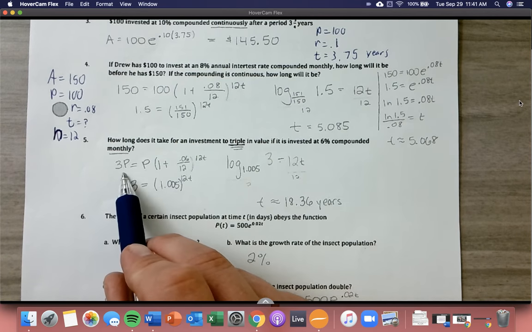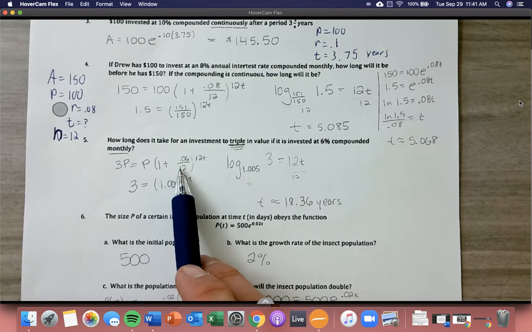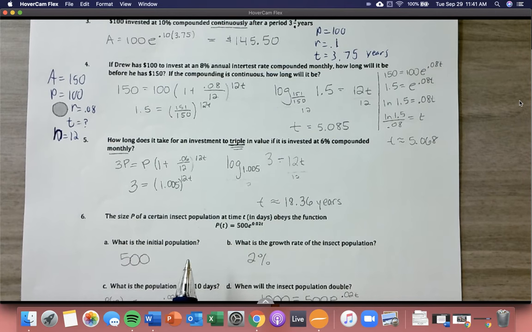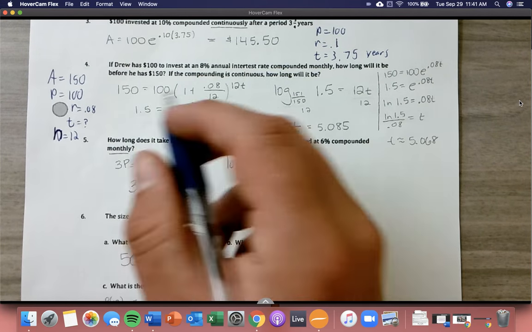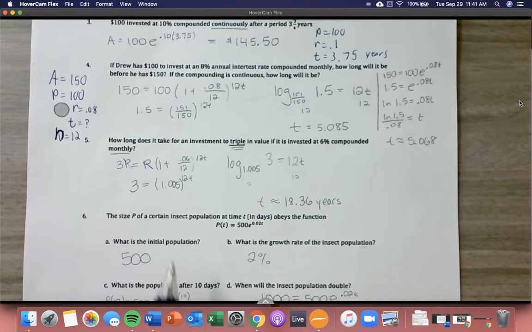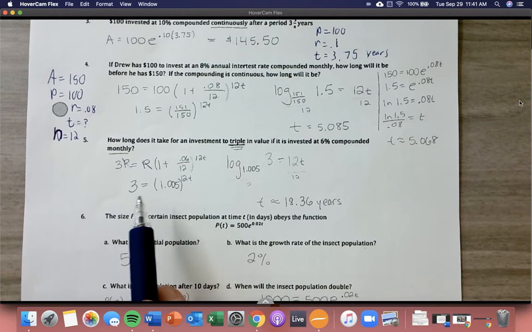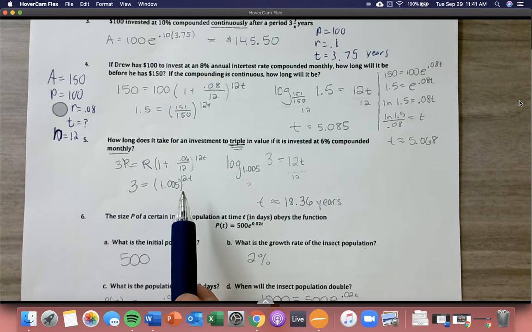So we would go 3P is equal to P times (1 + 0.06/12), all raised to the 12t. These P's would cancel out because we can divide them over. When we simplify inside the parentheses, we get 3 = 1.005^(12t).